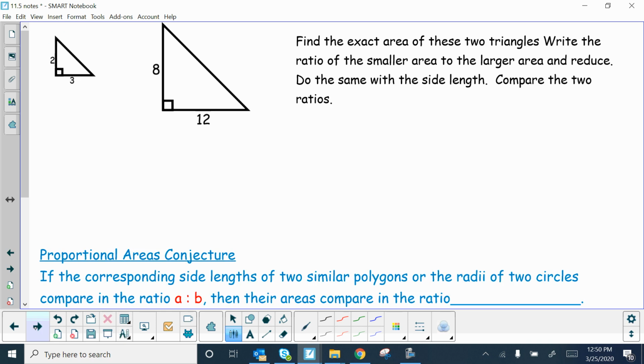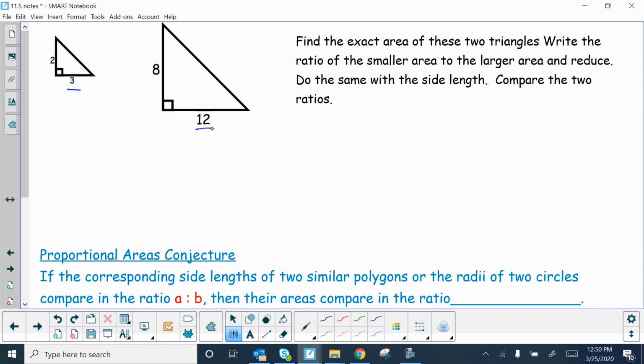Let's look at it one more time in this next example. It says find the exact area of these 2 triangles and then write the ratio of the areas and reduce, and then do the same with the side lengths. So let's check out the side lengths. The side lengths are 2 to 8 and 3 to 12.